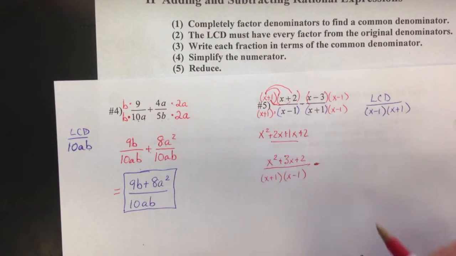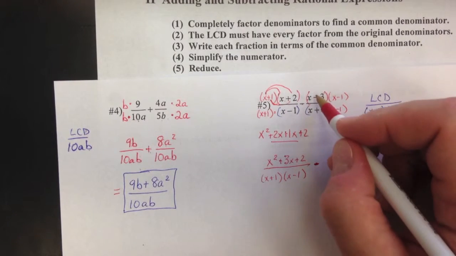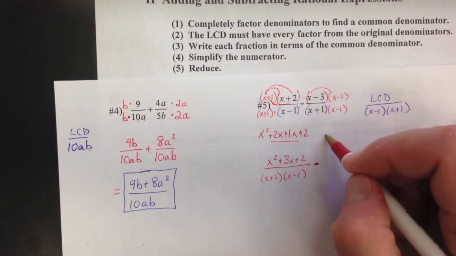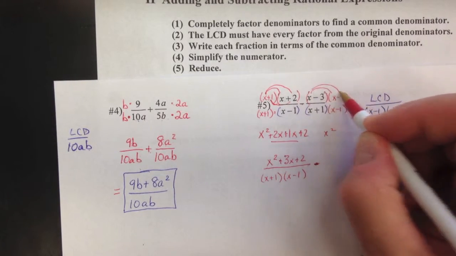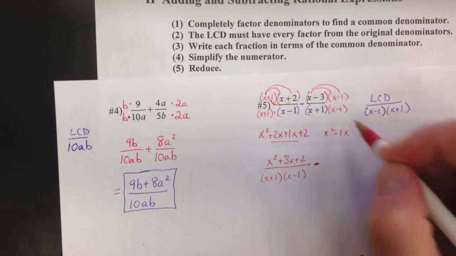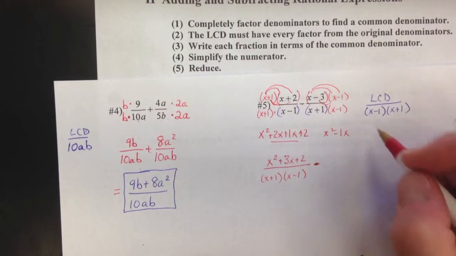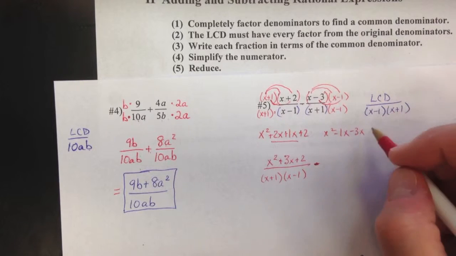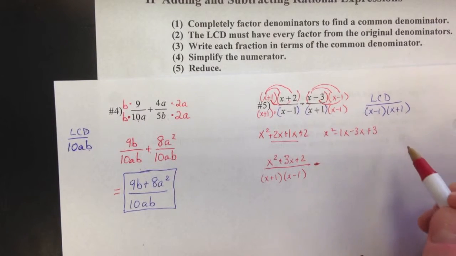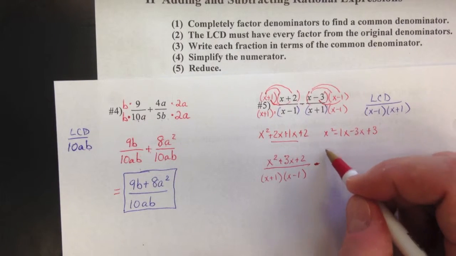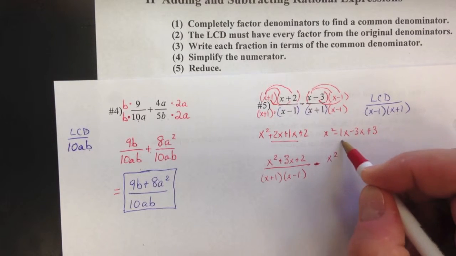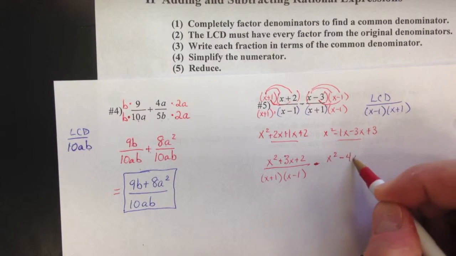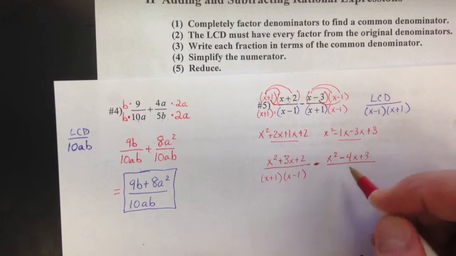I'm just going to carry that down here, and I'm going to double distribute, so this will be x squared minus 1x minus 3x, and negative 3 times negative 1 is positive 3. So what we get is minus, this is x squared, this will be minus 4x plus 3, all over x plus 1 times x minus 1.